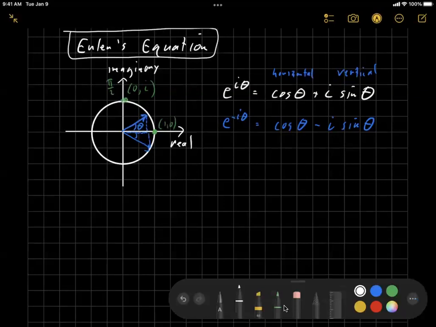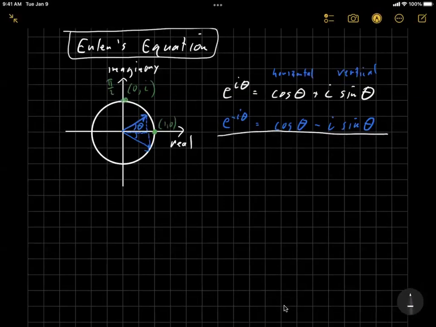If we add them up, we can see that e to the i theta plus e to the negative i theta would end up being 2 cosine theta, and the sine theta parts would cancel out. So if I divide both sides by 2, I can say that the cosine of theta is equal to e to the i theta plus e to the negative i theta over 2.